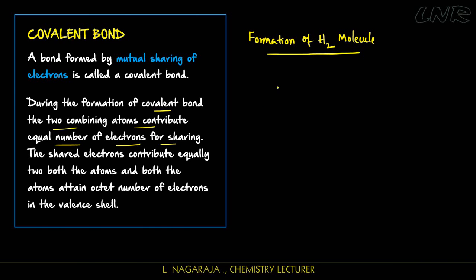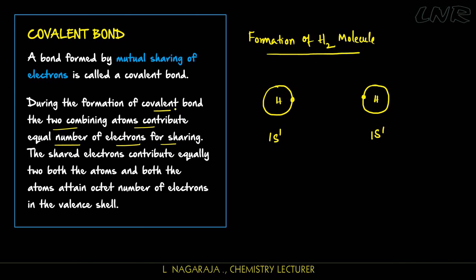So let us take one hydrogen atom and one more hydrogen atom. Each hydrogen atom contains one valence electron. So the electronic configuration of the hydrogen atom is 1s1. It contains one electron.